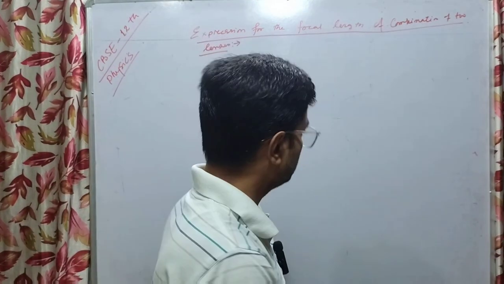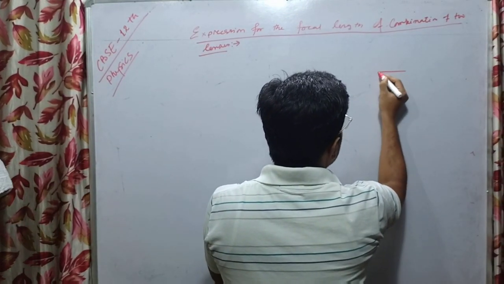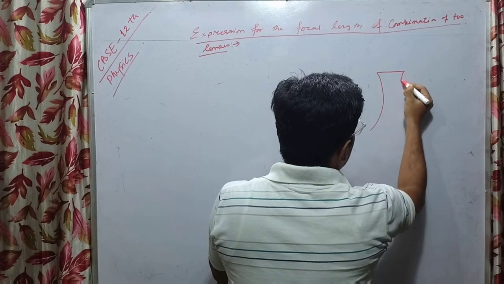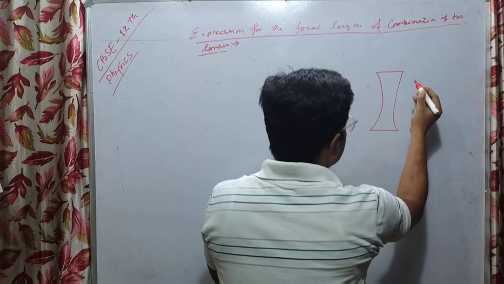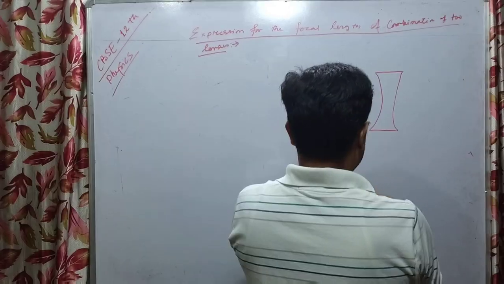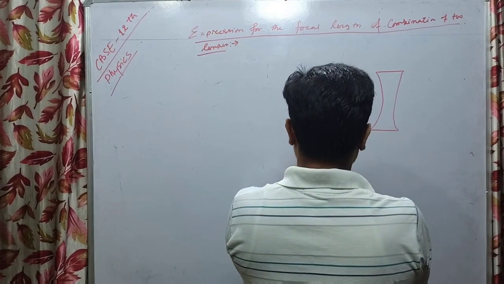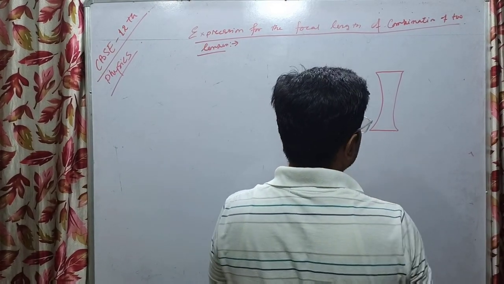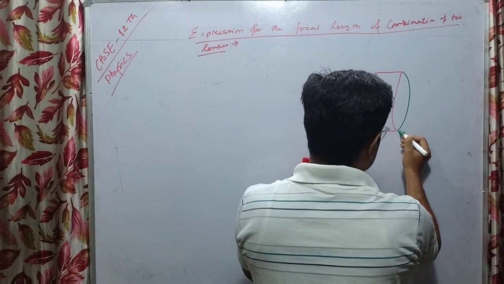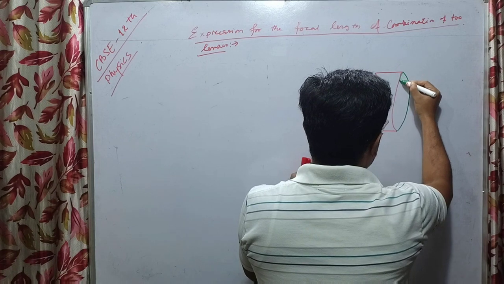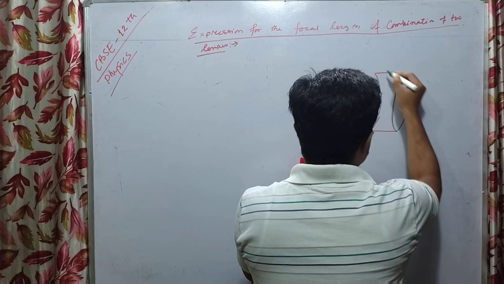Suppose, let us consider, here is a concave lens and it is a convex lens.